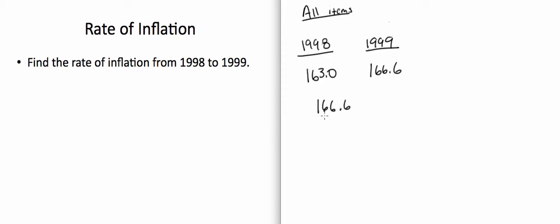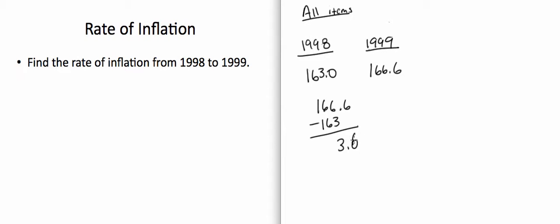So the all items category has in 1998 we have 163.0, and then in 1999 we have 166.6. So we're going to subtract these two values. It's going to give us an answer of 3.6.